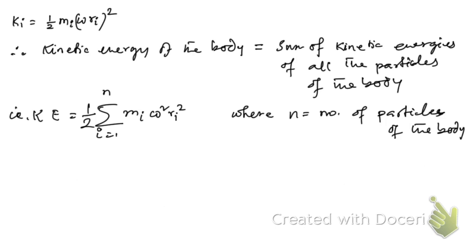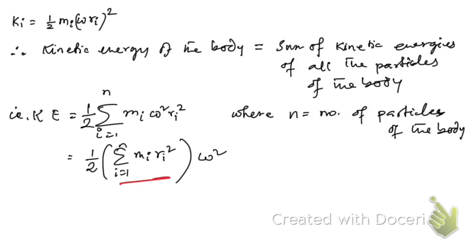Okay, now you see, if a rigid body is rotating with angular velocity omega, then the angular velocity of each particle must be the same. So that's why we can keep this one out of the summation because it is a constant part here. So summation i equal to 1 to n of mi ri square into omega square. So this part is nothing but the moment of inertia of the body.